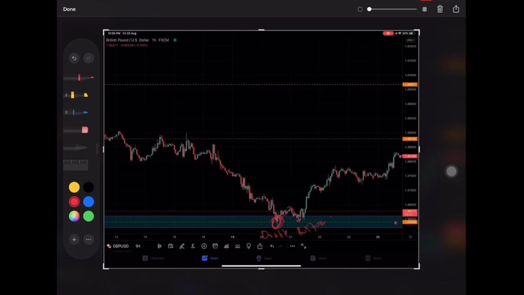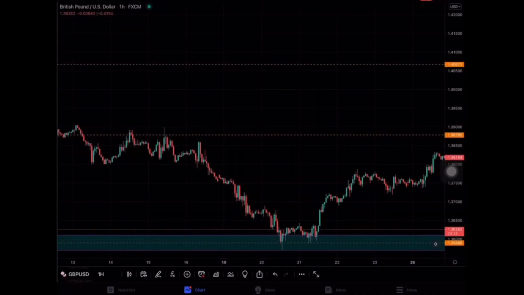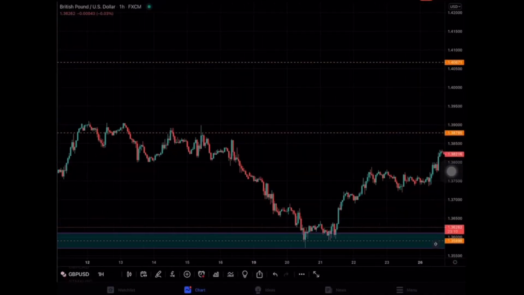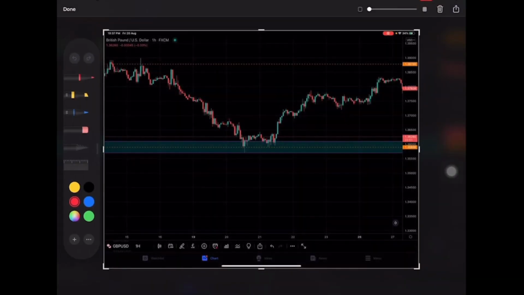So how do we enter a double bottom? Like Uncle said, wait for rejection. This is the first rejection from the previous support, and then it goes back down and rejects this support. As we know, this is a double bottom, but we do not enter yet.